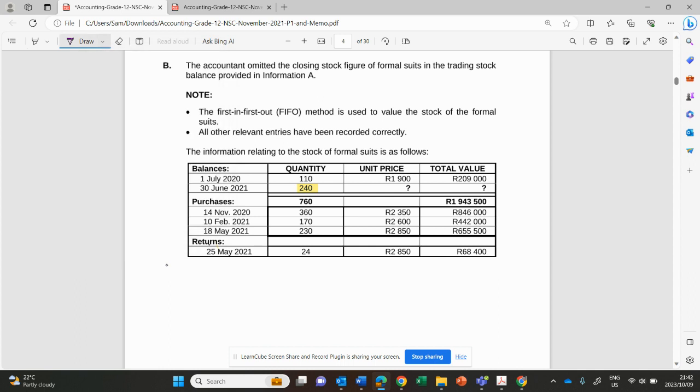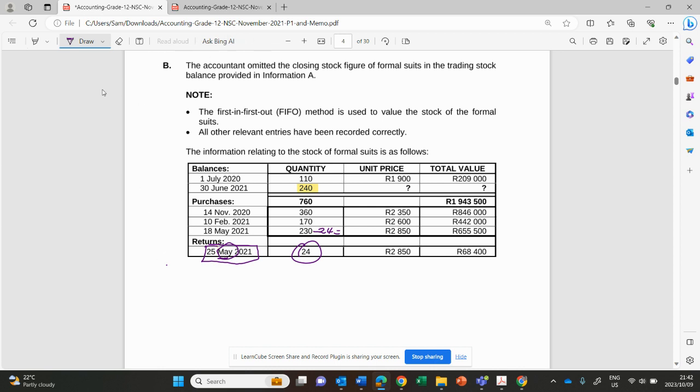Under returns, on 25 May 2021, we have 24 units. It means the return was made on the May purchases, so we subtract the 24 from here to update the table.